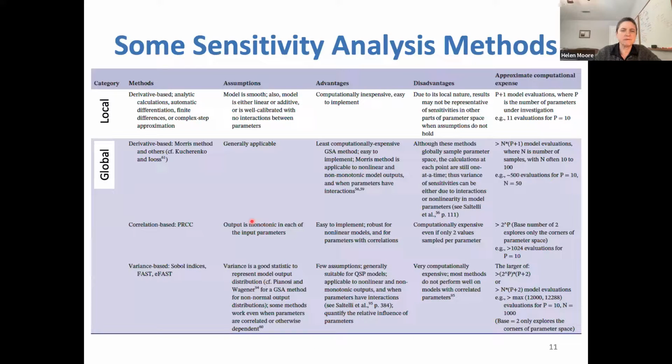So I'll just put this table up here from the paper, so you can look that up. I'm not going to go through it, but we do talk about the different methods, local and global, the pros and cons of the different methods, and some of the computational estimates for those. There's a long list of methods.